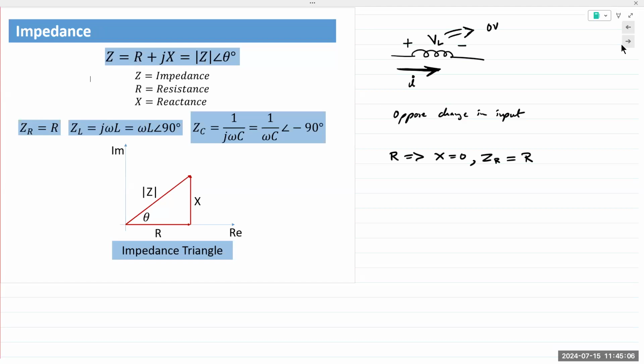Oftentimes you might read imaginary reactance or imaginary impedance, but that imaginary is only referring to the mathematical representation of reactance. The reactance has a physical basis in real life. It is real. It is not imaginary, okay? So if you hear the term imaginary reactance, it's talking about the mathematical representation only.